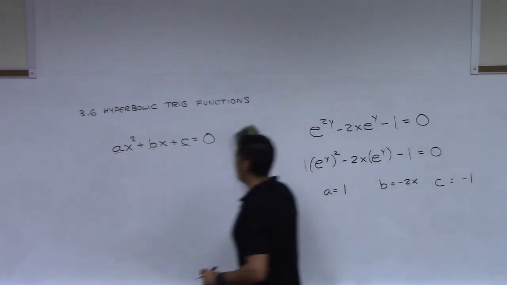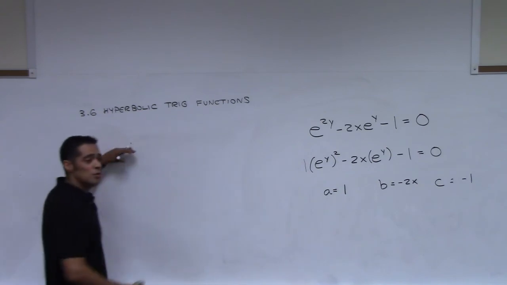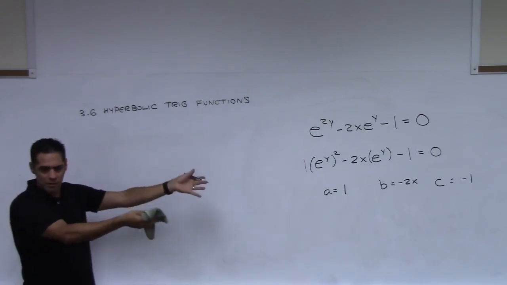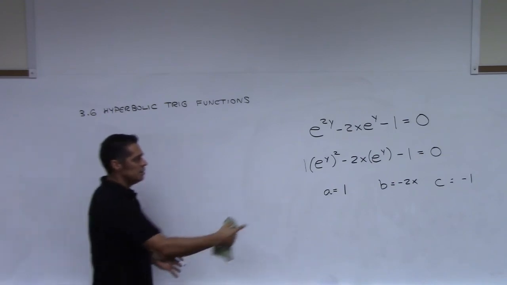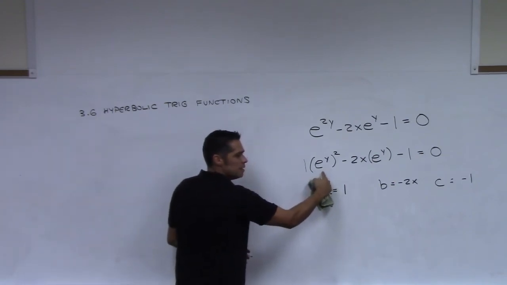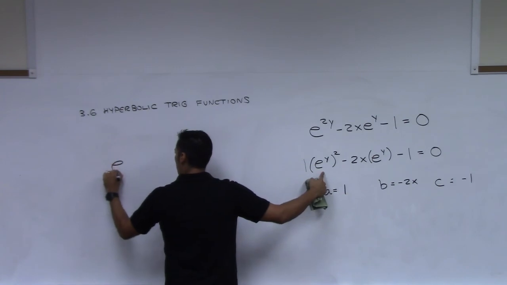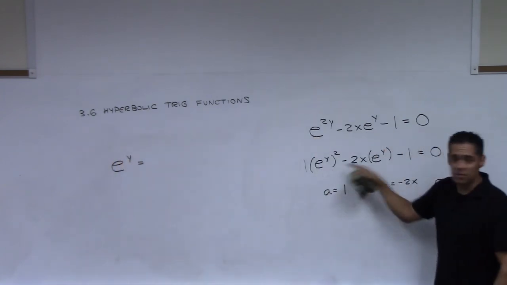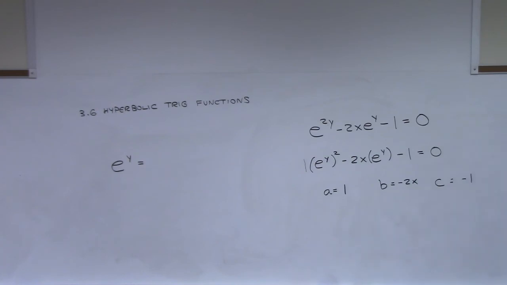The quadratic formula says that the solutions are x equals, and then the quadratic formula, right? Here, it's going to be e to the y equals, do y'all see that? Instead of x, we're saying e to the y equals negative b plus or minus, blah, blah, blah.